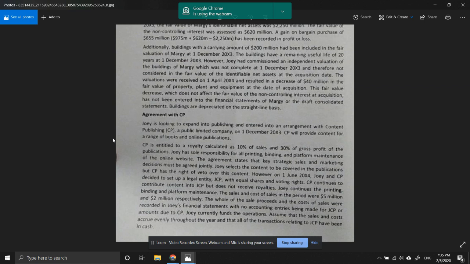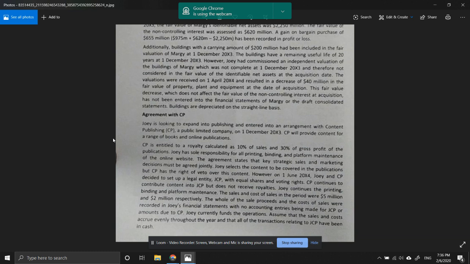CP is entitled to royalty as 10% of sales and 30% of gross profit of the publications. Zoe has sole responsibility for all printing, binding and platform maintenance of the online website. The agreement states that key strategic sales and marketing decisions should be agreed jointly. Zoe selects the content to be covered in the publications, but CP has right to veto over this content.